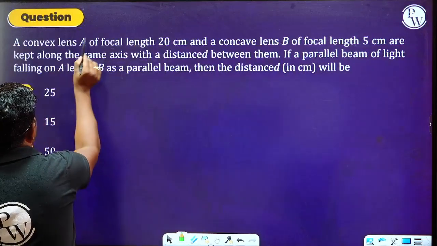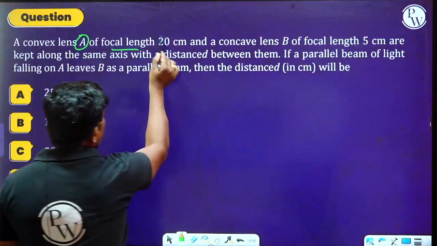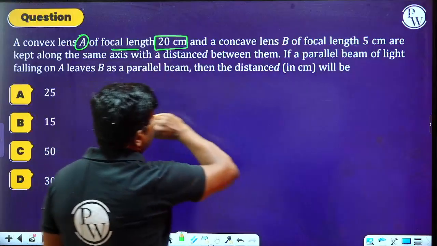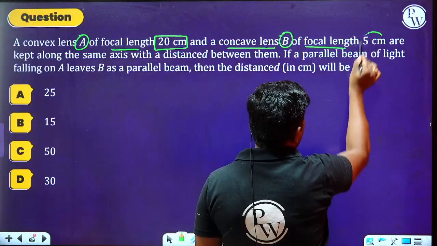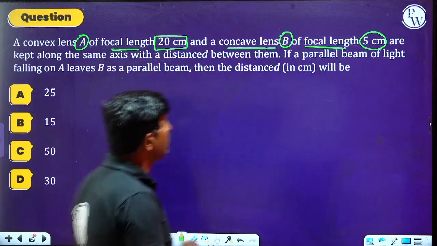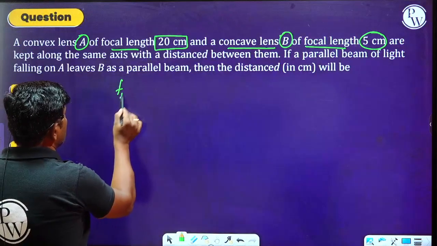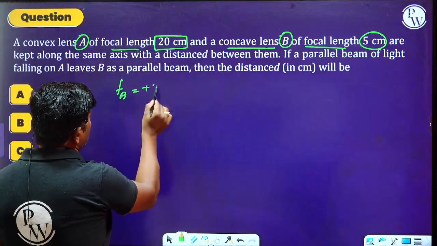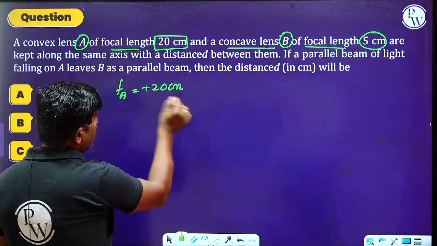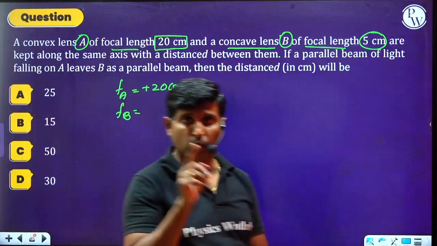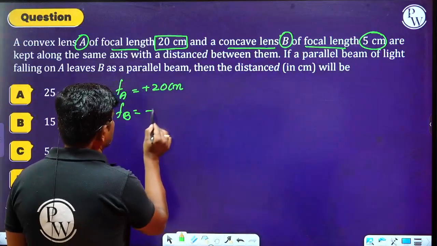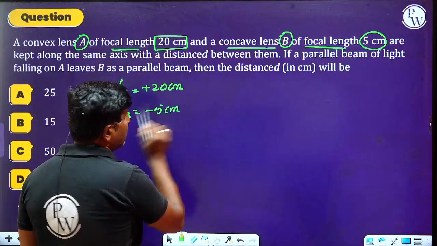A convex lens A of focal length 20 centimeter and a concave lens B of focal length 5 centimeter. So observe this. Focal length of A is plus 20 centimeter according to sign convention. Focal length of B, since B is a concave lens, must be minus 5 centimeter.